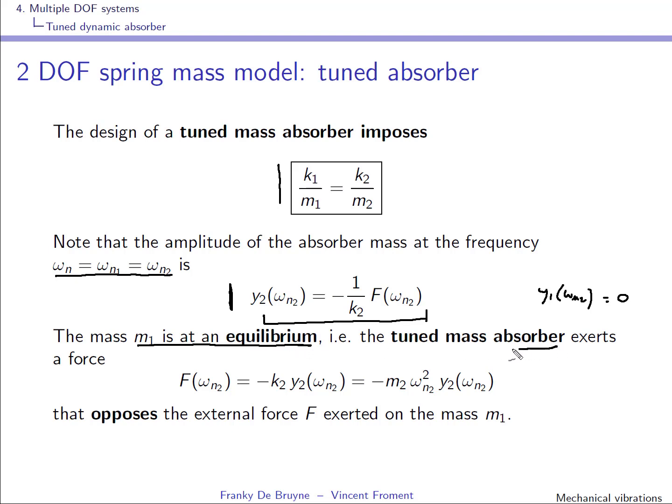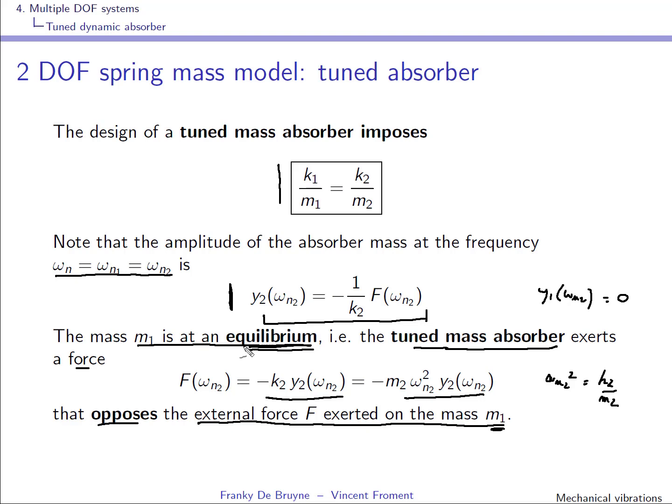This means that the tuned absorber exerts a force, bringing k2 to the other side, which is equal to this quantity, and you can rewrite it like that. You know that omega n2 squared is k2 over m2, and you see that the tuned mass absorber exerts a force that opposes exactly the external force exerted on the mass m1, and this is why mass m1 is at equilibrium and doesn't move.